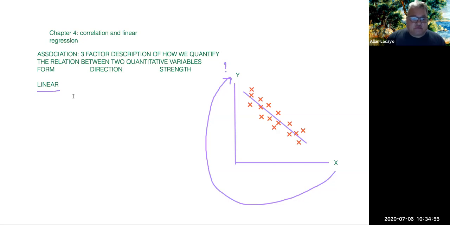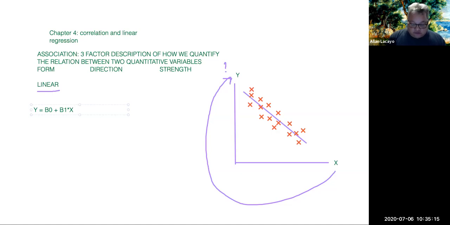So in a linear form, y can be identified through what we call an intercept plus a slope times values of x. And that's, of course, in an algebraic world, in a perfect world.